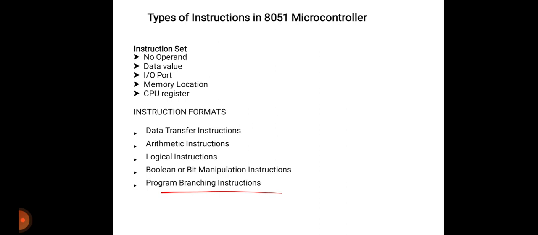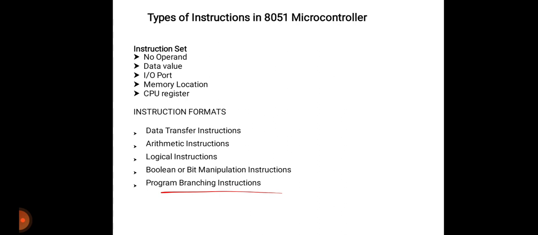There can be multiple operands, and the format of instructions is mnemonic, destination operand, source operand. A simple instruction consists of just the opcode.